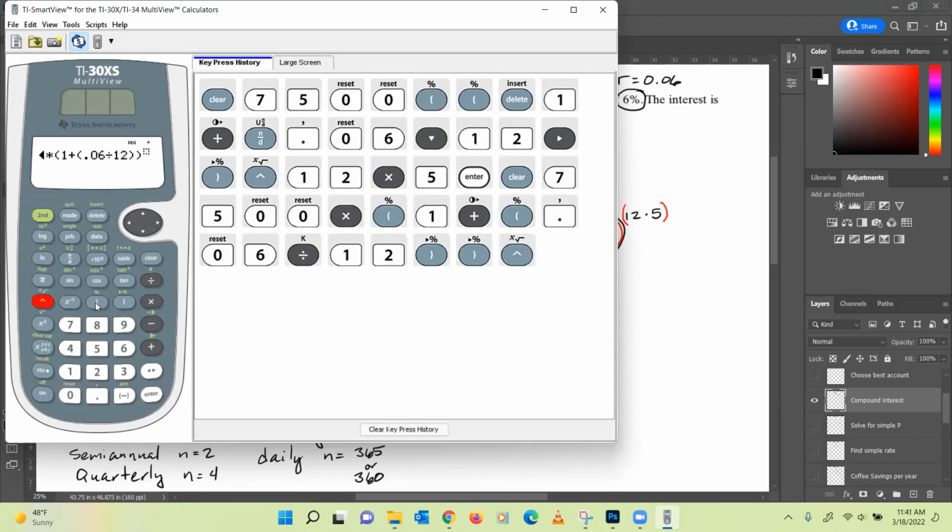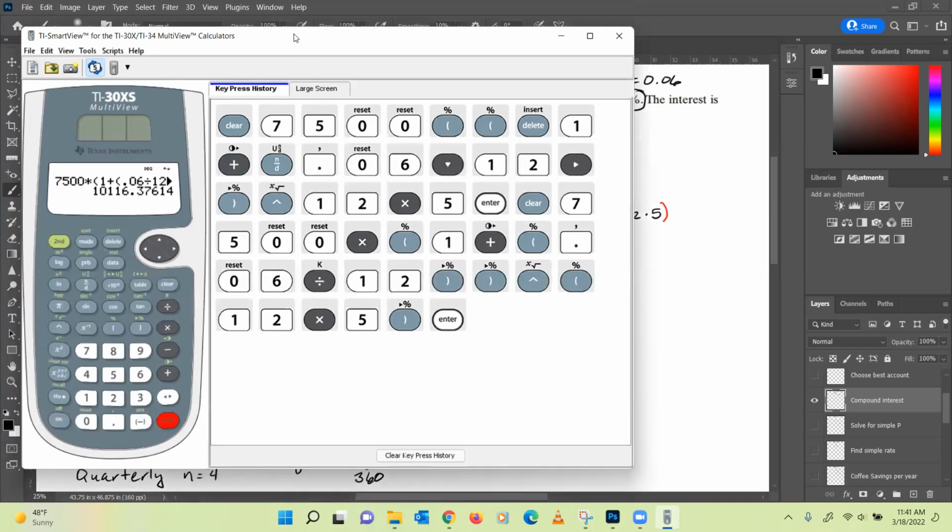And I'm going to raise that to the, and I'll put an open parenthesis, 12 times 5, close the exponent parentheses, and hit enter. I get the same result. Some calculators, I need to enter it that way. And so I really have to pay attention to where the parentheses are that I'm using. But again, practice with your calculator until you get this answer for this problem.